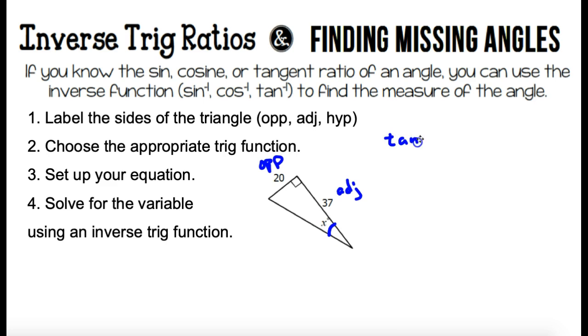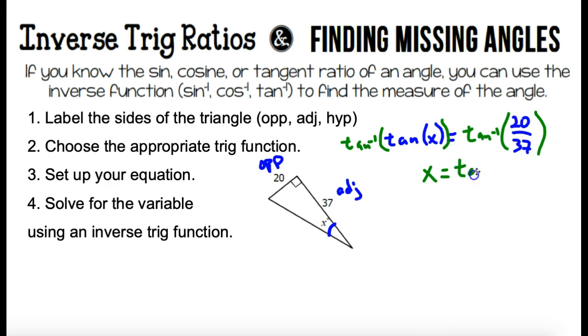So my setup will be tangent of the angle equals opposite over adjacent. So 20 over 37. And to get x by itself, I'm going to take the inverse tangent of both sides. And that we can put into the calculator.